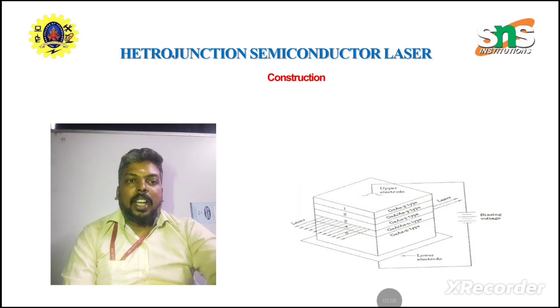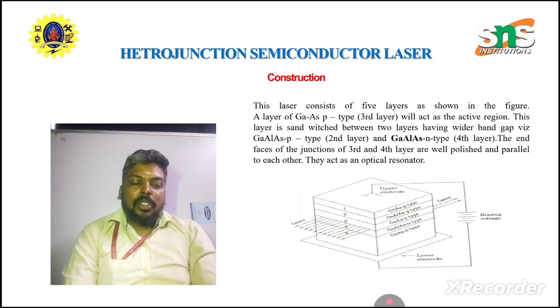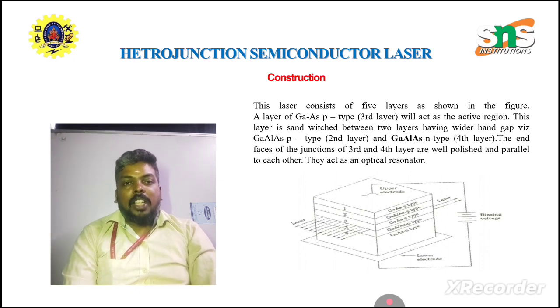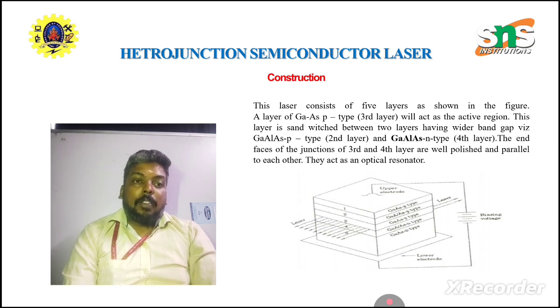Now the schematic diagram of the gallium arsenide heterojunction: it is made with additional doping of gallium aluminum arsenide in different layers. The first layer is gallium arsenide p-type, and the third layer is gallium arsenide, doped with aluminum. Aluminum is in the second layer, and gallium aluminum arsenide n-type is the fourth layer. The third and fourth layers are polished and parallel to each other. This is the overall construction of the heterojunction laser.